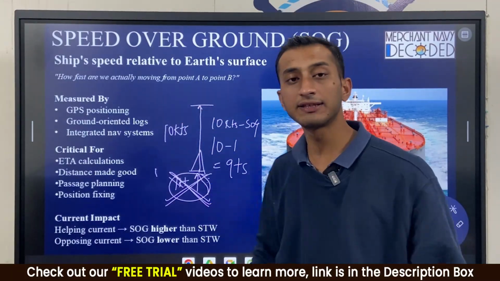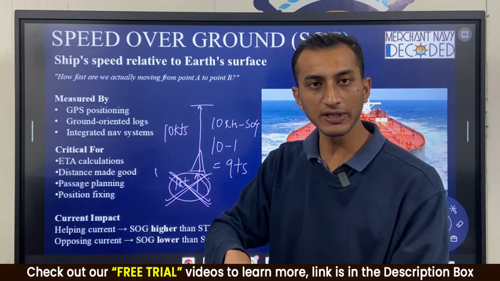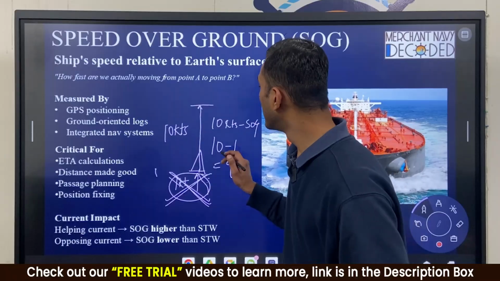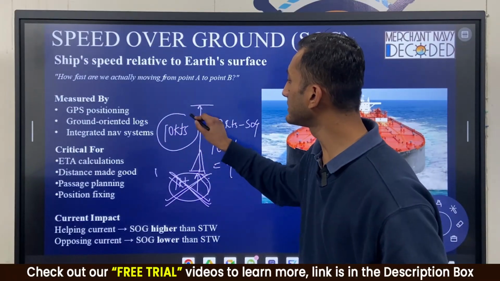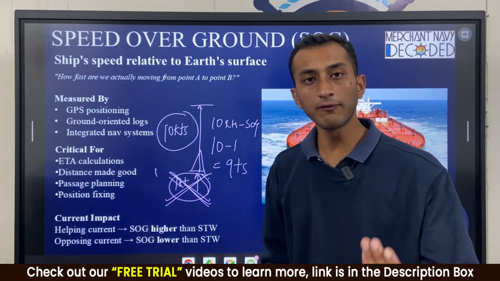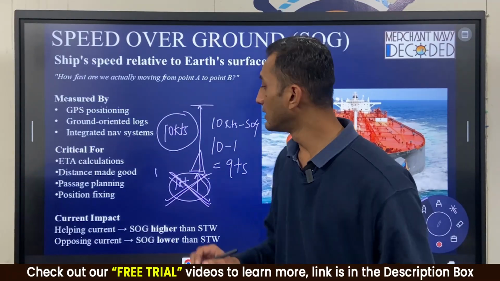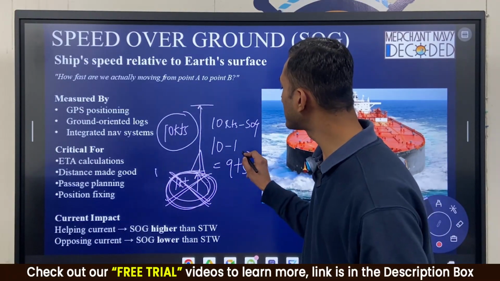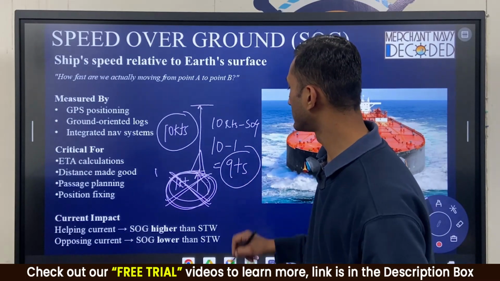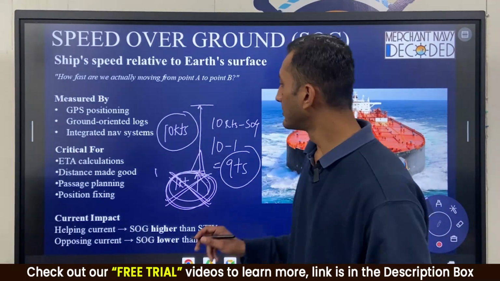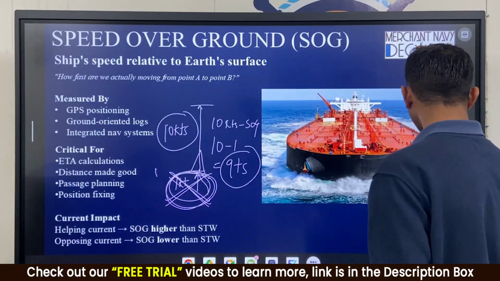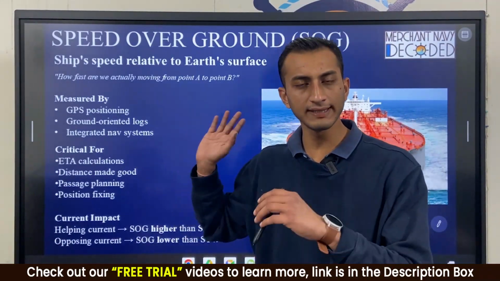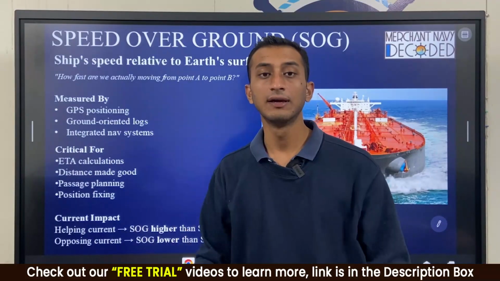Now we discovered that the waves or wind are pushing from the stern with 1 knot speed. So this is the SOG. But what is the speed through water? It is when we remove this current. Now we get the speed through water, that is 9 knots. I hope I have made myself clear with this example. We'll be solving more examples in the coming slides that will make things better for you.